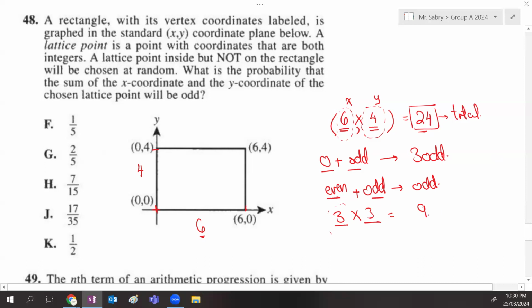Wait, the order of the evens will be annoying. Okay, I'll calculate them better. 0 with all 3, these are 3 odds, and then the 1 should go with any even number. It would go with 4 choices. No, 3 choices also.